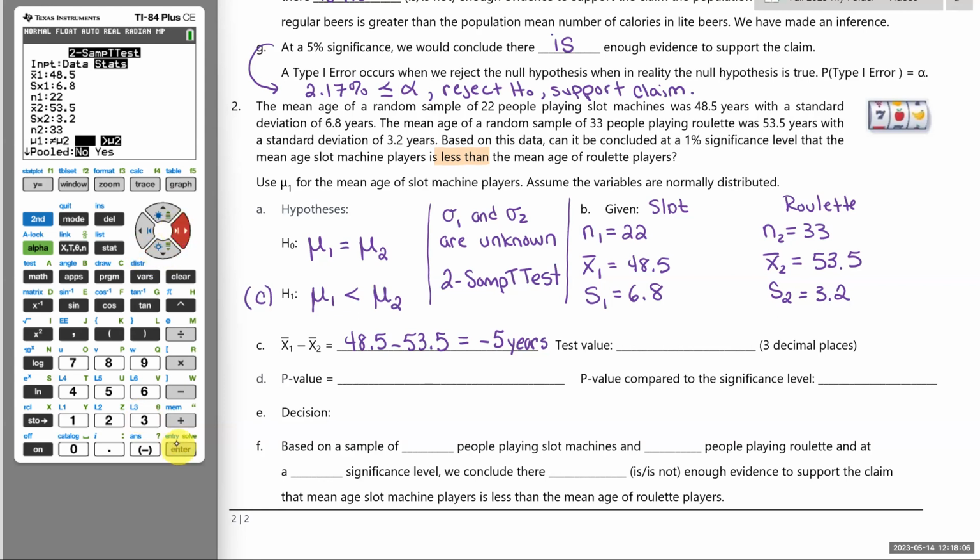And then our claim is that mu1 is less than mu2. Bold is always no. And then you can go Calculate or Draw.